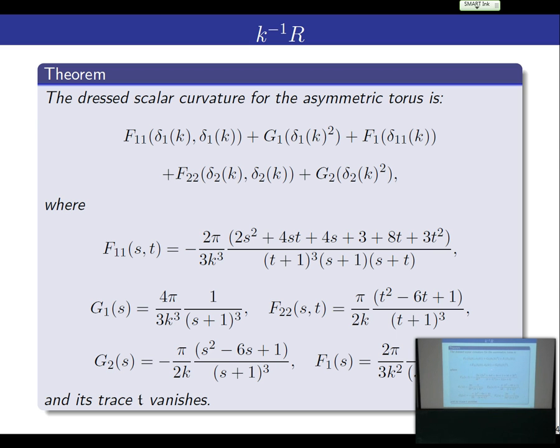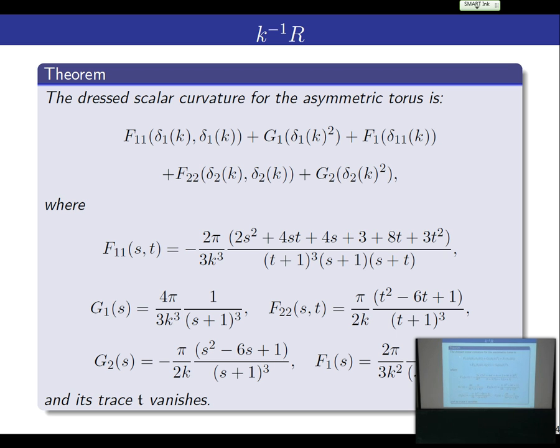There is no function of the second derivative of k: as part of the result you don't see it, it's 0. There should also be f2 evaluated on delta 2 of k, but the claim is that it is 0.